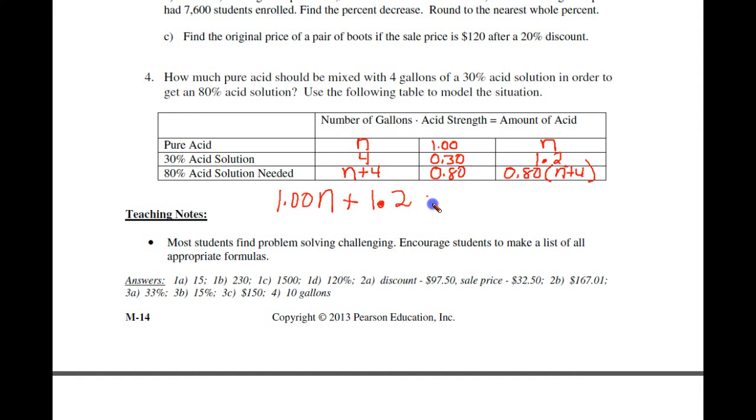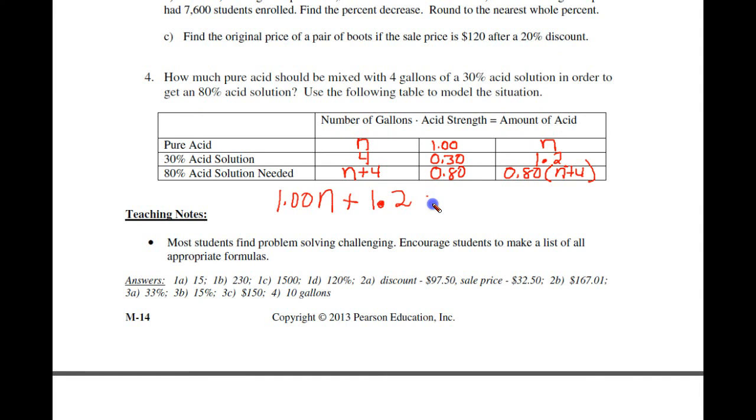So this is going to be 100N plus 120 equals 80N plus 3200. Transpose our 80N and get 20N. Transpose this and get 200.